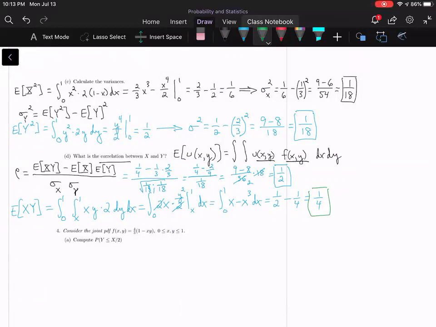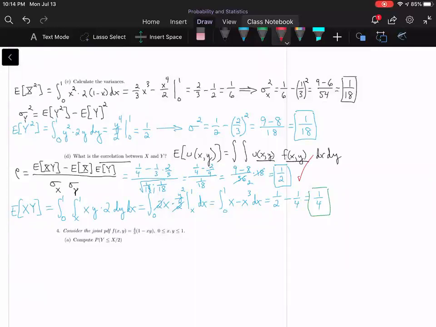Remember that's the mean of your x and your mean of y. Divide by the square root of the variances in order to get your standard deviations. I wrote it in the variance form because the answer stands out pretty easily. The square root of 1/18 times 1/18, or the square root of 1/18 squared, is just 1/18. And then this happens to simplify nicely to 1/2. And so this is our correlation, which you could report as a fraction, or you could report as 0.5. Either is fine.